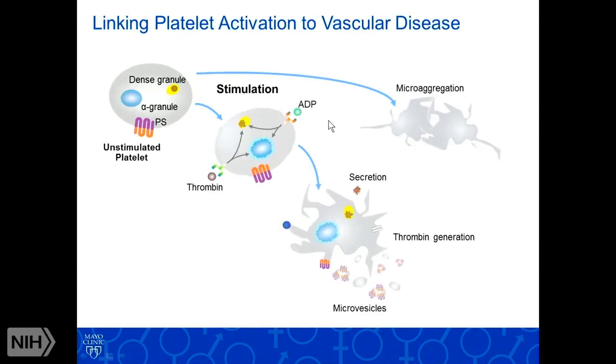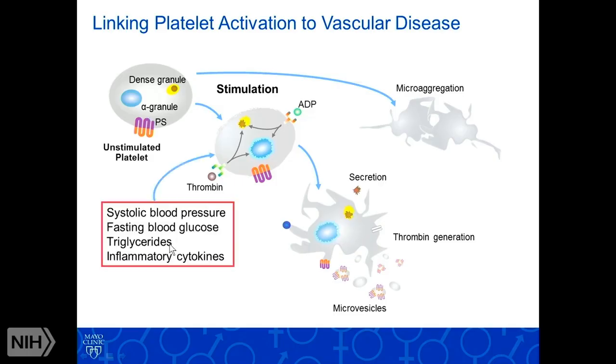The microvesicles are derived from activated cells, but we need to consider what might activate these platelets in the circulation. First of all, we have agonist-stimulated activation of the platelets, but they are also activated by things like systemic blood pressure, fasting blood glucose, triglycerides, and inflammatory cytokines.